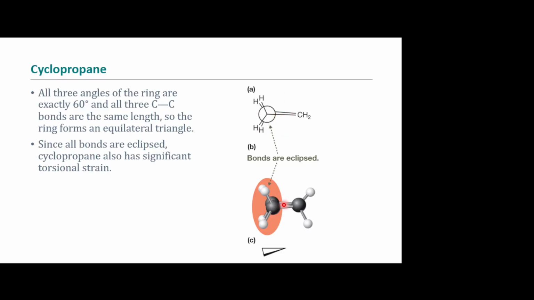And so you end up eclipsed. You can't do anything. It's always eclipsed. So that highest energy point that we'd fall off of for every other carbon chain is where our molecule sits. We have trapped it in that highest energy form. That's cyclopropane right there.